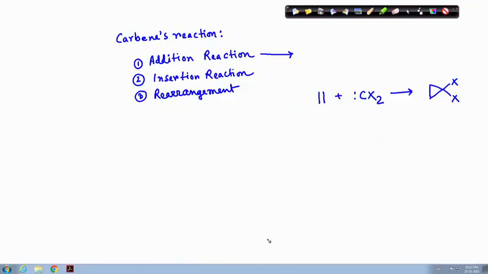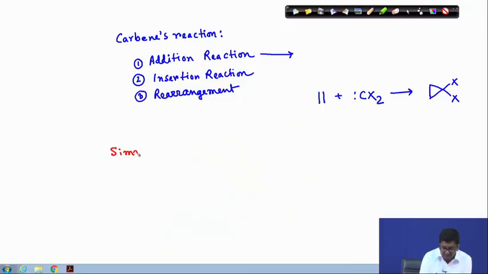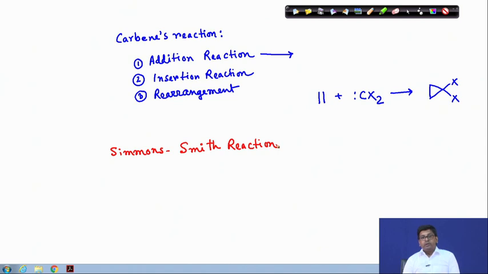So, today during the addition reactions, we will learn another very important reaction for cyclopropane synthesis, that is called the Simmons-Smith reaction.